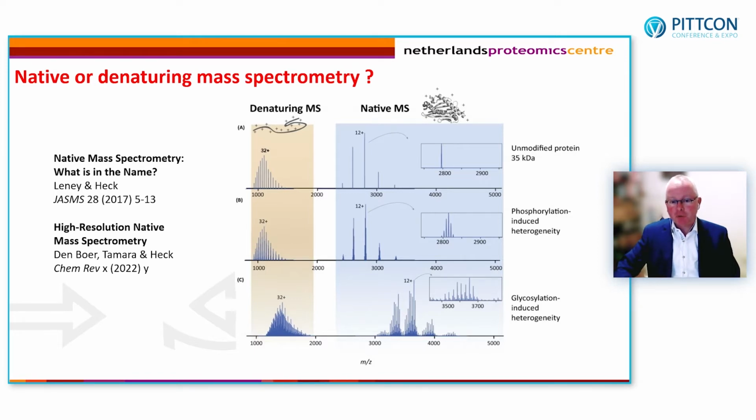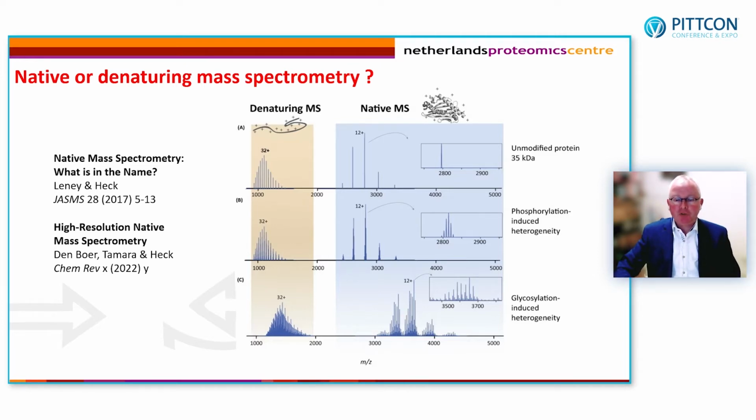And what you see in the blue box is the same as what you see in the brown box, but the same protein analyzed by either denaturing MS or native MS. Now, if we do it by native MS, what we see is that the protein picks up much less charges because it is still folded and much less of the proton acceptors are available. And that's one of the reasons why we think the protein is still more physiologically relevant, more native.